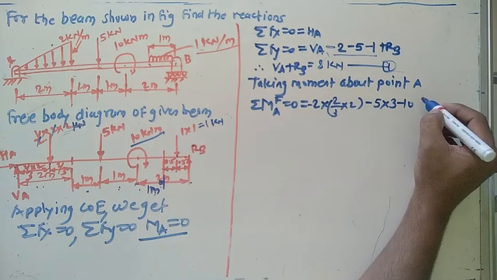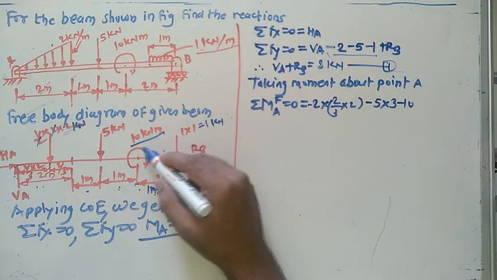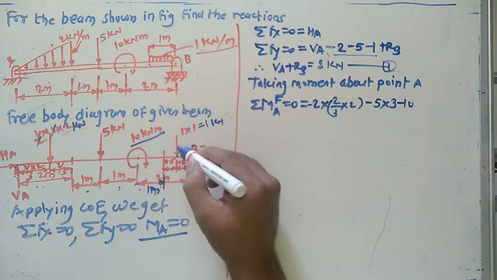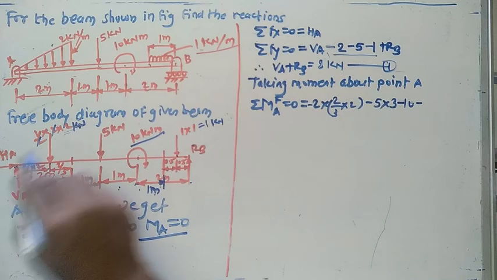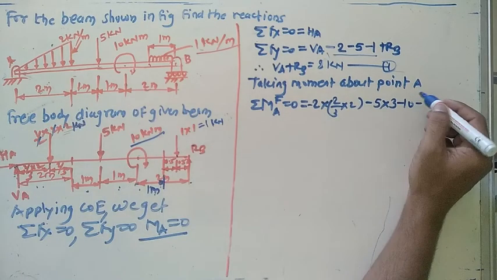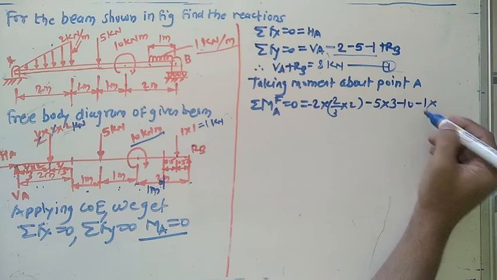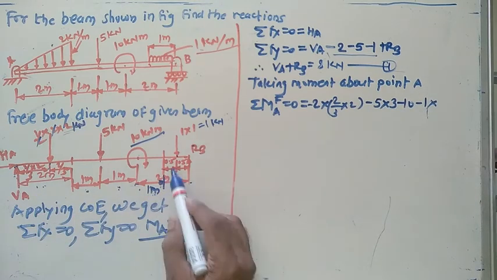Hence after the 10 kilonewton meter, this is the 1 kilonewton force with us. This force also turns about this point in the same direction, clockwise. Give the minus sign here. So 1 multiplied by the distance 2 plus 1 plus 1 plus 1 plus 0.5.